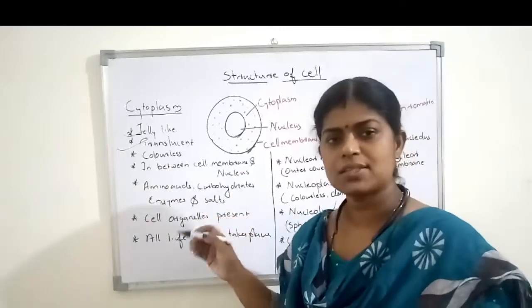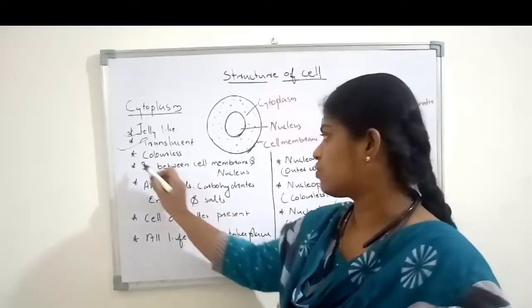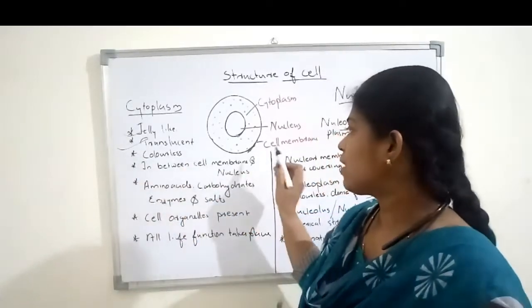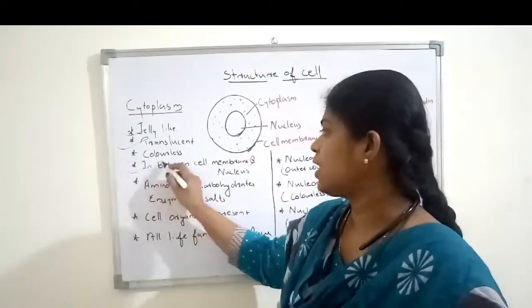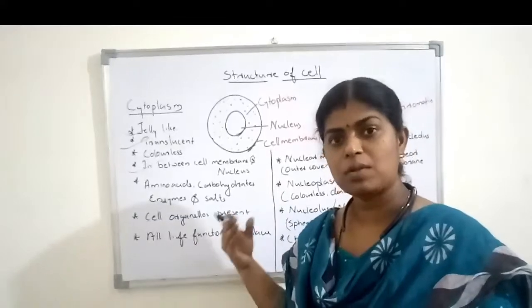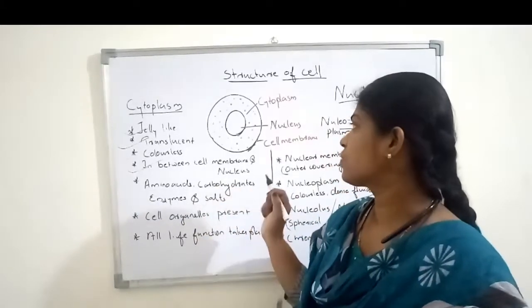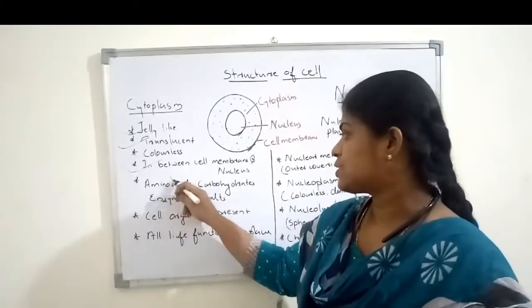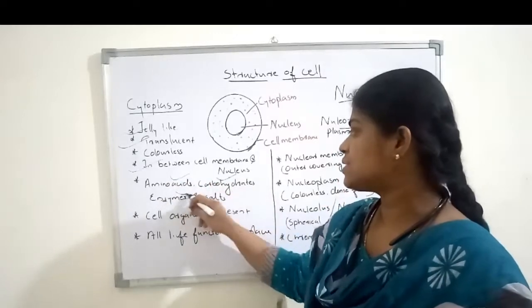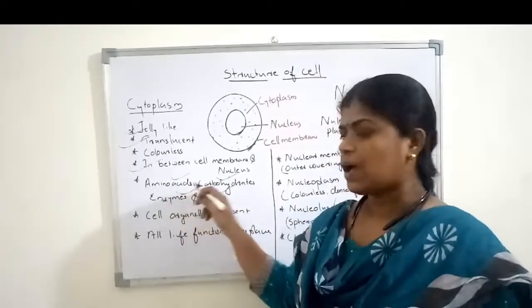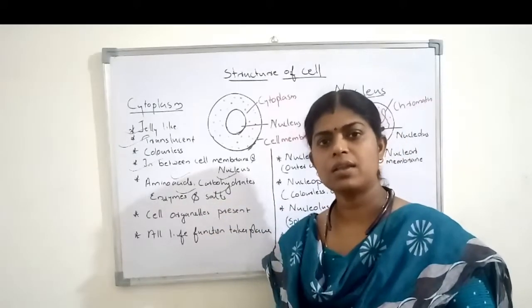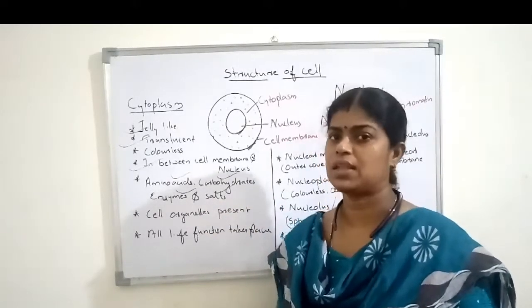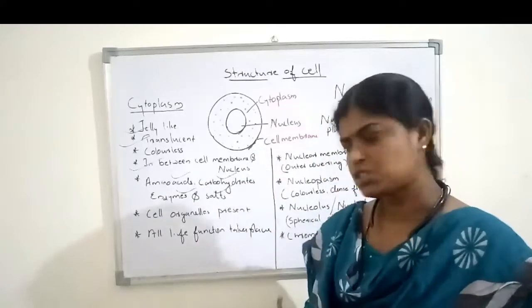And it is colorless. It doesn't have any particular color. And we have already seen that it is in between the nucleus and the cell membrane. What material is used to make the cytoplasm? Amino acids, carbohydrates, enzymes and salts. These are the materials the cytoplasm is made with.